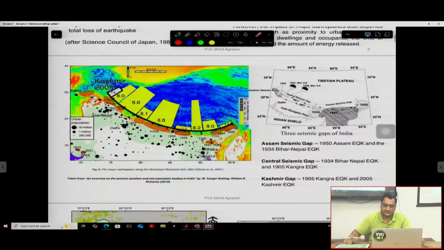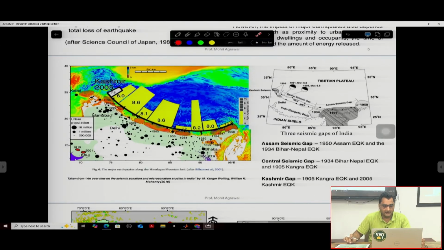Thereafter, we discussed this particular collision plate boundary in the northern part of India, where the Indian plate is colliding with the Eurasian plate, and because of that friction, many earthquakes of more than magnitude 8 have been witnessed by this region.